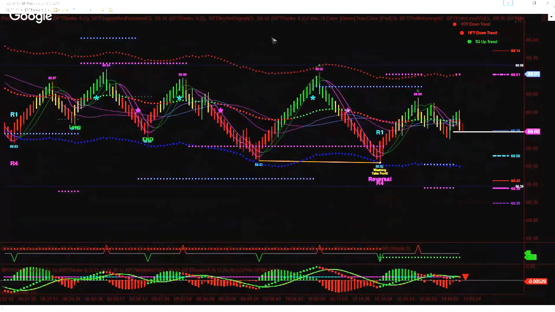Those 10 basic indicators from the early 90s until today have been tweaked and retweaked and retweaked, but the basics are still the same.